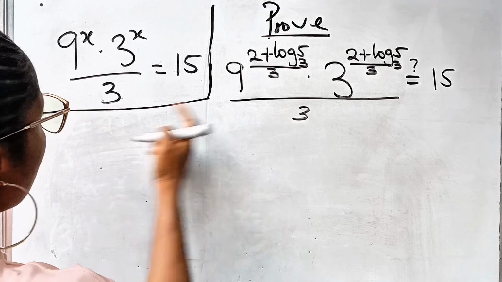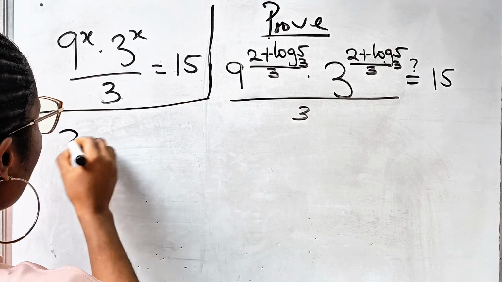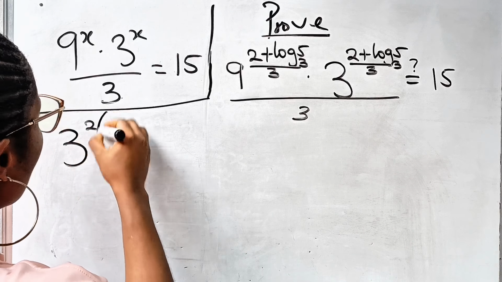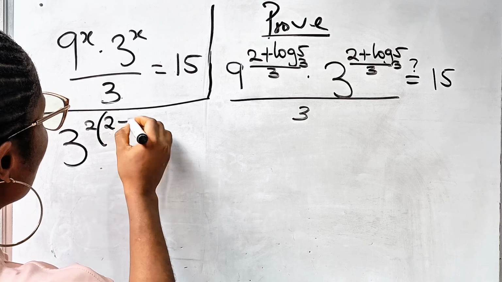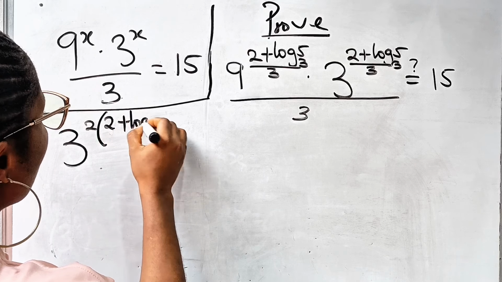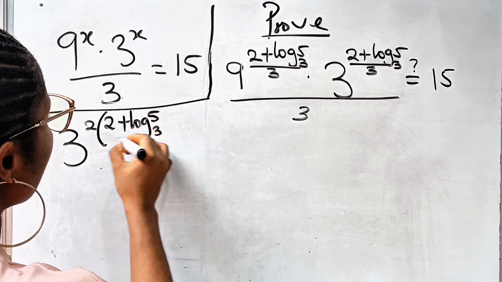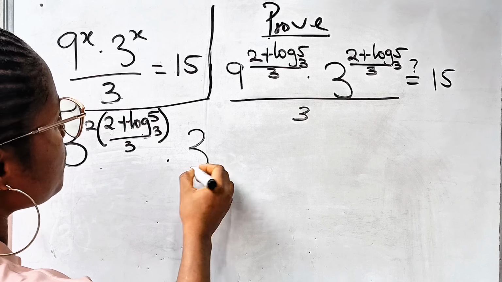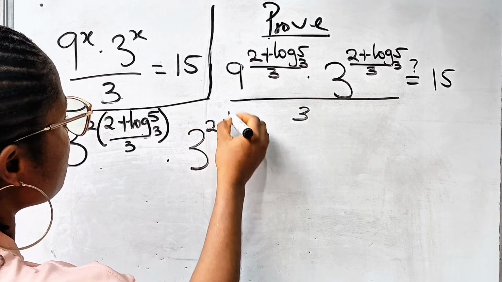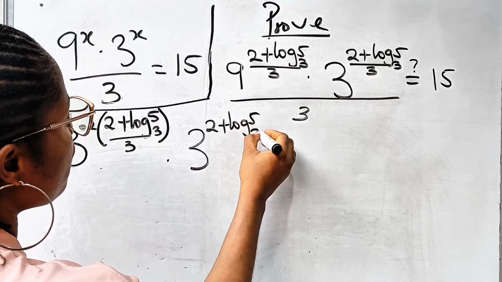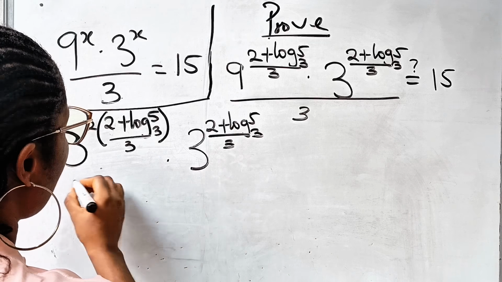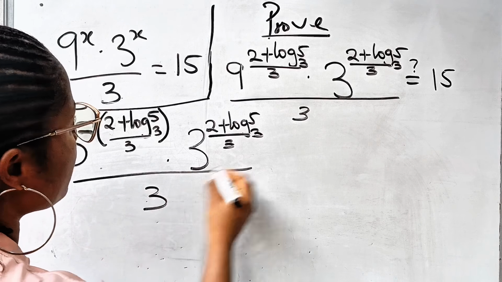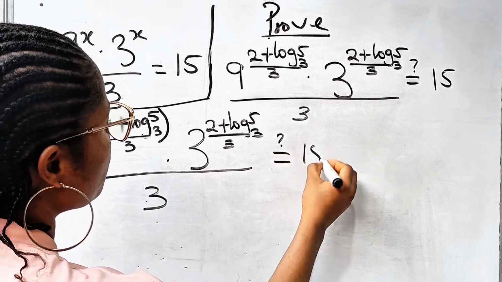So now we have 9 is 3 to the power of 2. So we have 3 to the power of 2 multiplied by (2 plus log 5 base 3) divided by 3. Then multiply by 3 to the power of (2 plus log 5 base 3) divided by 3. Everything divided by 3. Now, is this equal to 15?